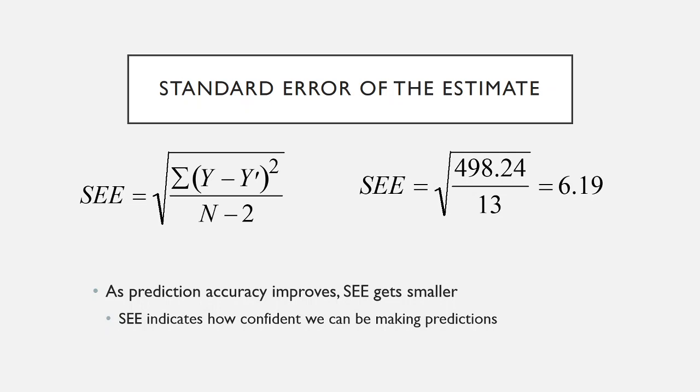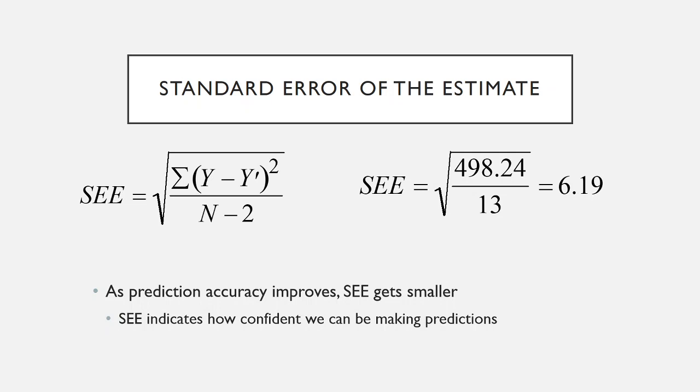So, as opposed to your Pearson's R in your regular correlational analysis, where the Pearson's R represents a quantification of strength, in regression, it's our standard error of the estimate that quantifies the strength of our relationship. As your correlations get stronger, you have better predictive accuracy.